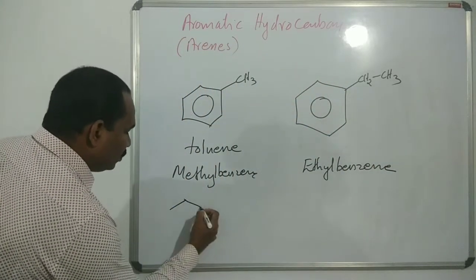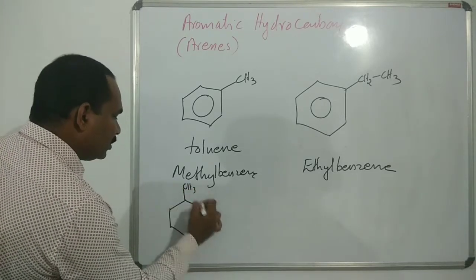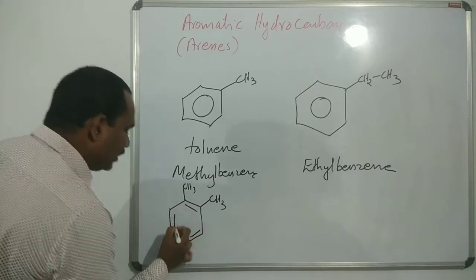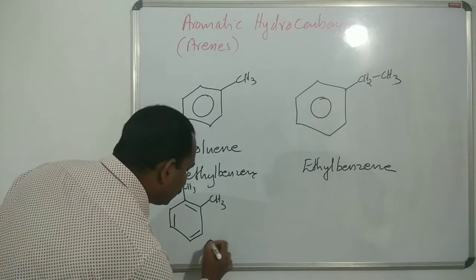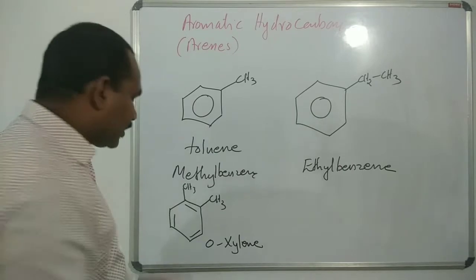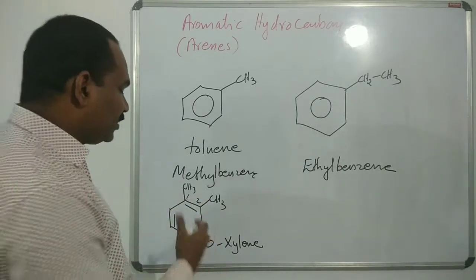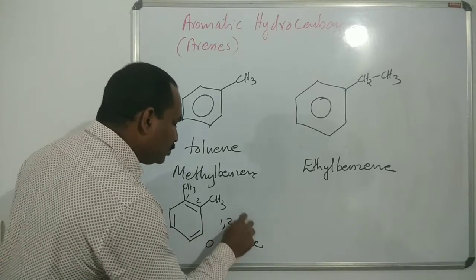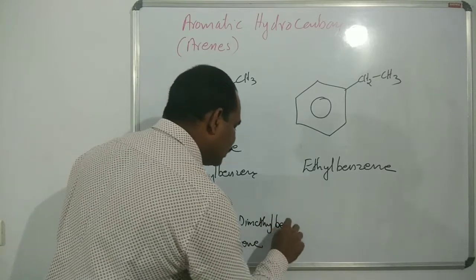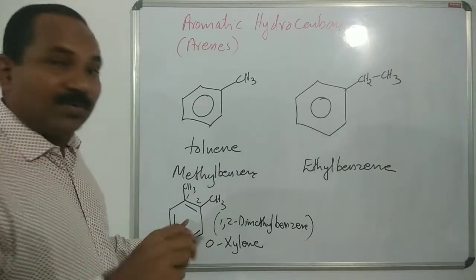Then if two methyl groups are substituted, the compound is xylene. This one is orthoxylene. What is its IUPAC name? 1,2-dimethyl benzene. And it has a position isomer.